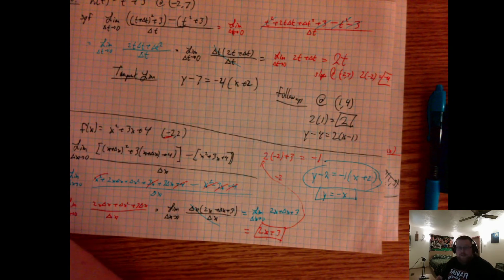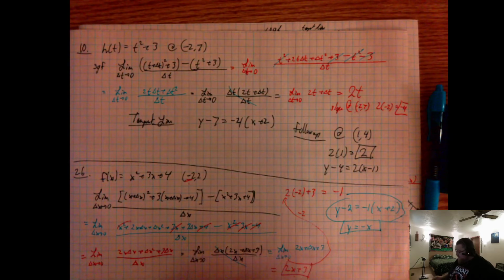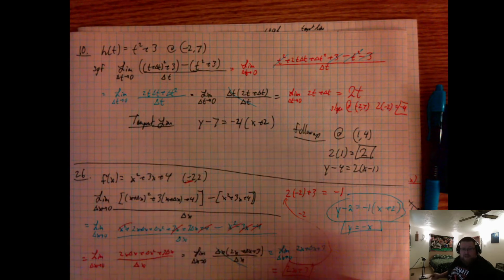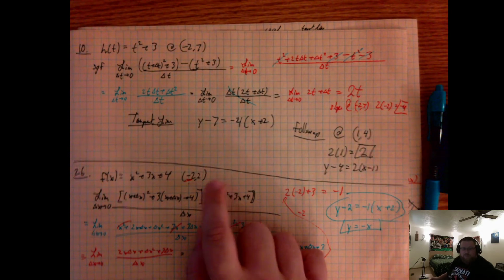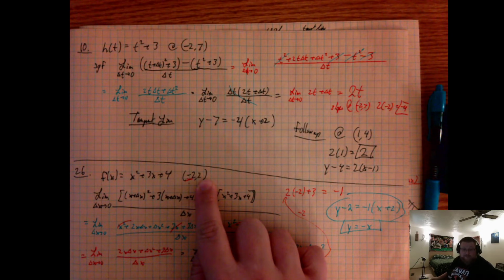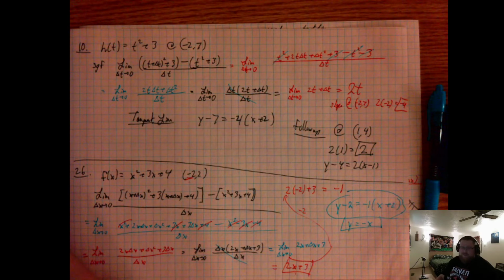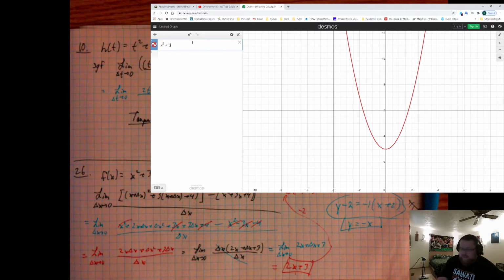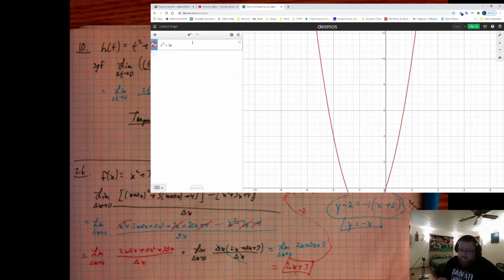Well, let's pull up Desmos and see if we're right. In theory, if this is correct, this would be my equation, which I need to plug in first, and this would be a tangent line that goes through this specific point. Desmos, come here. It's time. Okay, which equation was x squared plus 3x plus 4.